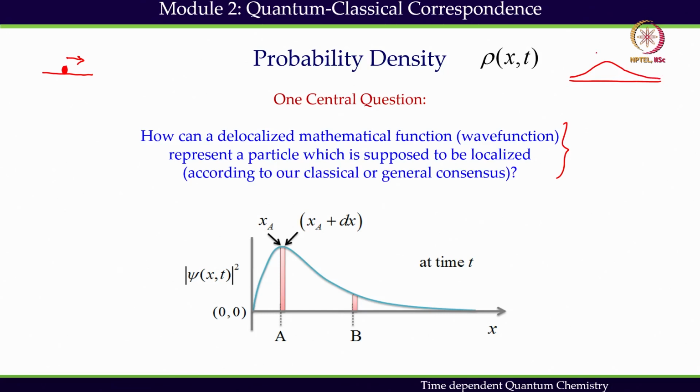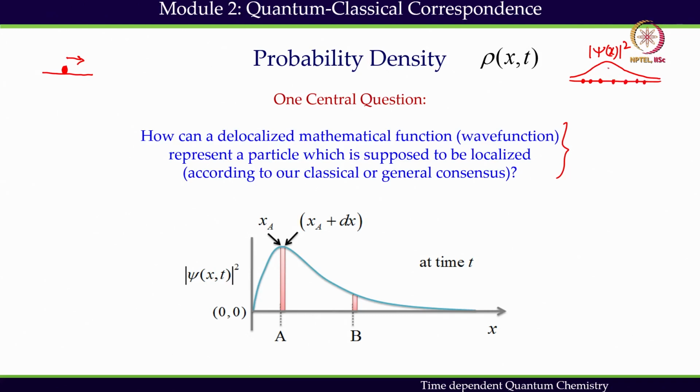The density distribution of the wave function is delocalized in nature, and because it is delocalized, there is a possibility that the particle can be here, here, here. All these possibilities are there.